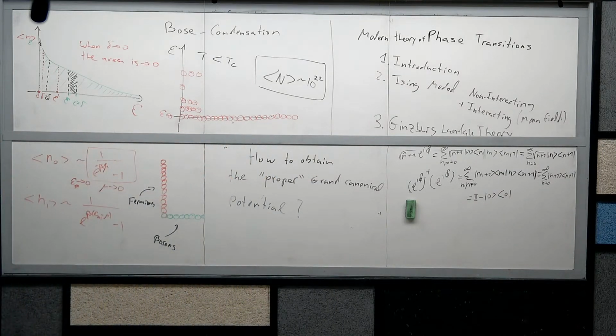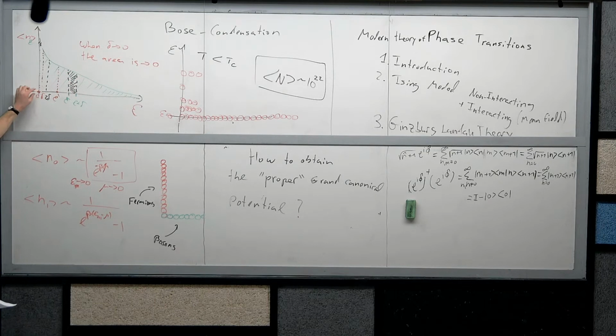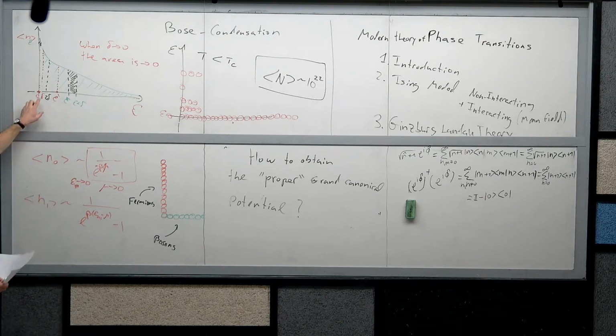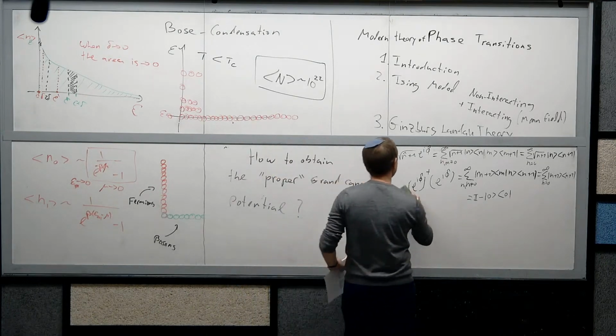And the answer is quite easy, because everything that we have performed is fine except this one point at epsilon equals 0. All the integrals that we had were fine. The only thing that was different and has to be treated differently is this point.